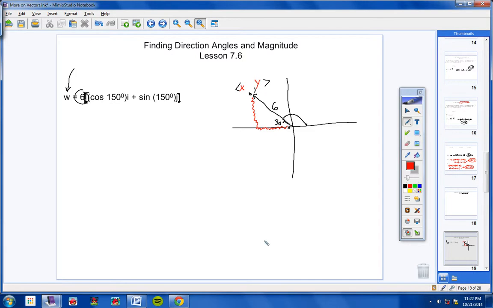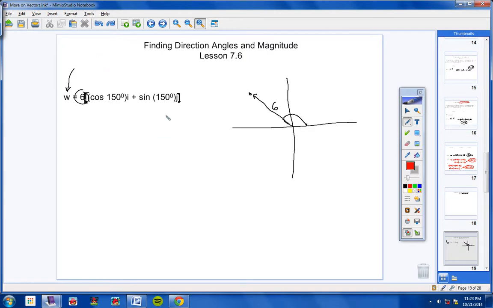So sometimes, listen, sometimes vectors are written with ordered pairs, x and y, and sometimes they're written with just a direction, angle, and the magnitude. Okay, and by the way, you're going to find out later how helpful this form here can be. Okay, but anyways, what I'm asking you to do is to find the direction, angle, and the magnitude.